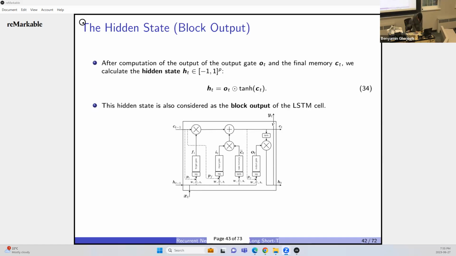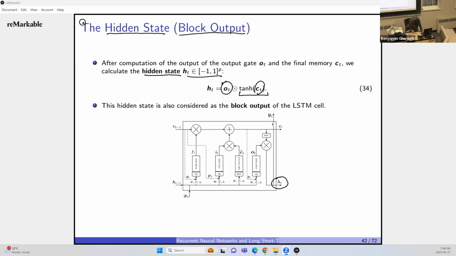Okay. Now the hidden state. So we have one other thing in this cell, which is HT, the hidden state, also called block output. The hidden state is a p-dimensional vector between -1 and 1. It is defined as the Hadamard product, or element-wise product, of OT, the output gate, and the hyperbolic tangent of CT.